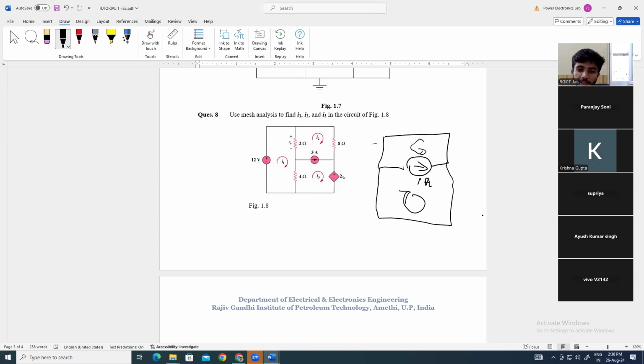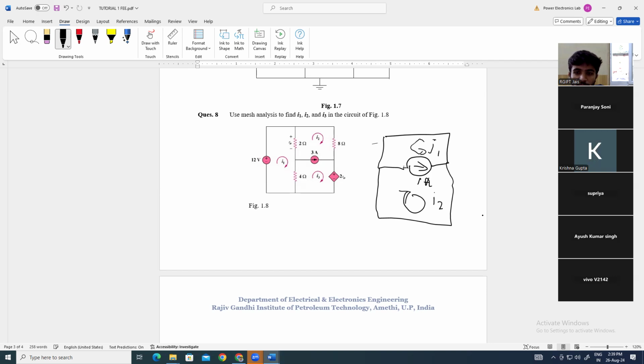But the problem with this is, let us assume this as I1, and this is I2, right? In this I1 loop, this current is 1 ampere.